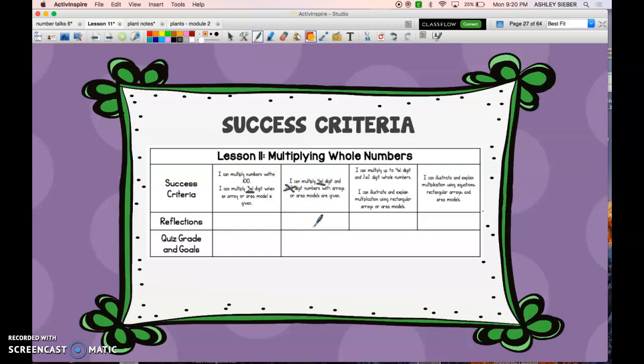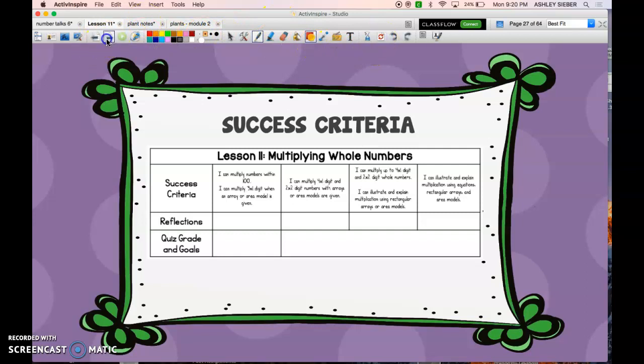If you think that you could possibly do that, then maybe you are a level 2. Can you illustrate it and explain it yet? Maybe not. Go ahead and make your reflection. Where are you today?